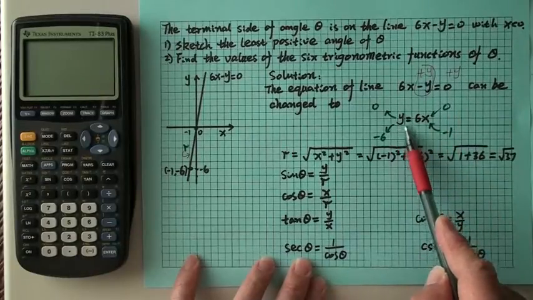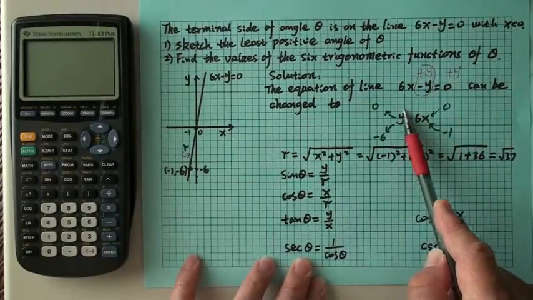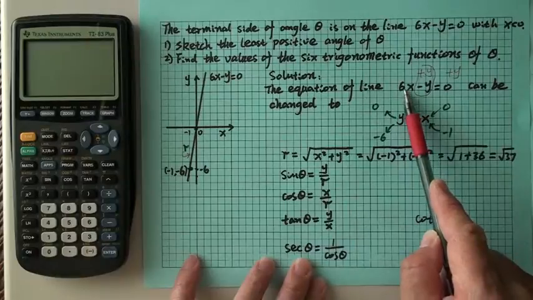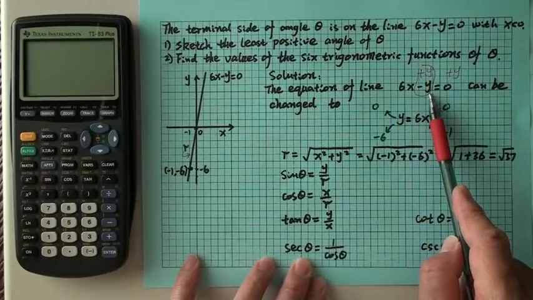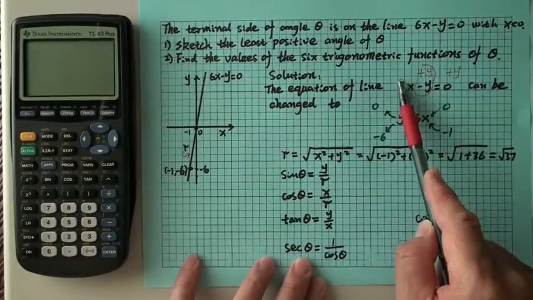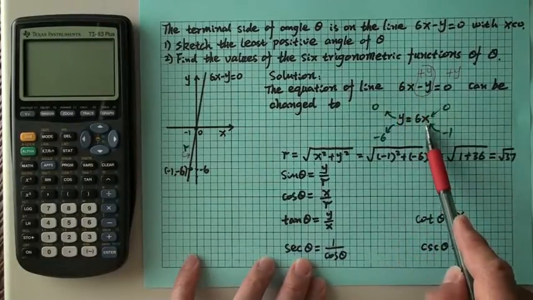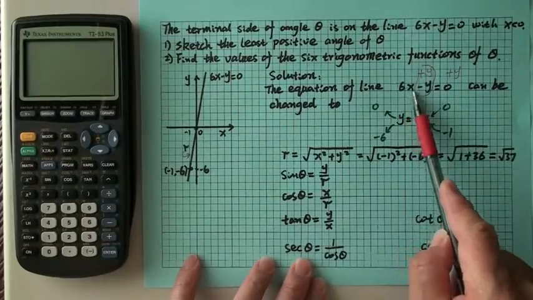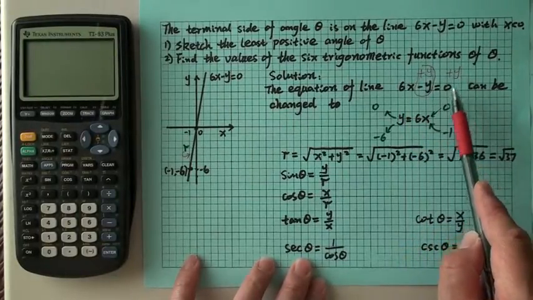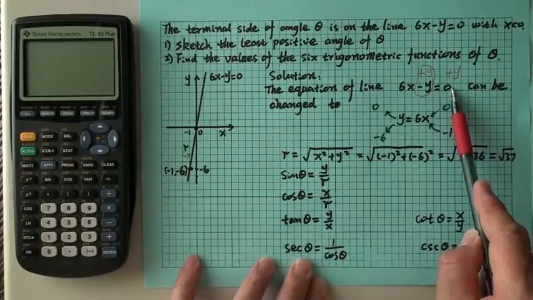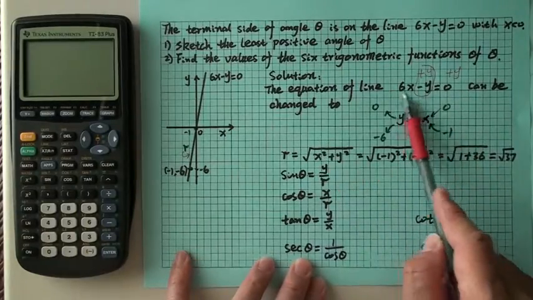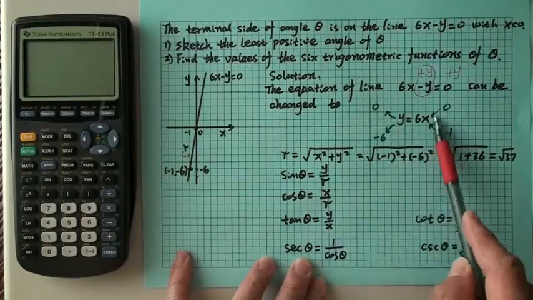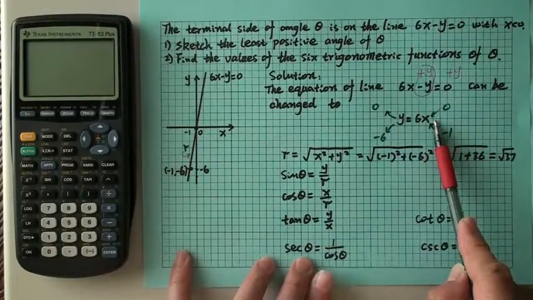And then the left-hand side is 6x only. So this equation can be changed to y equals 6x.